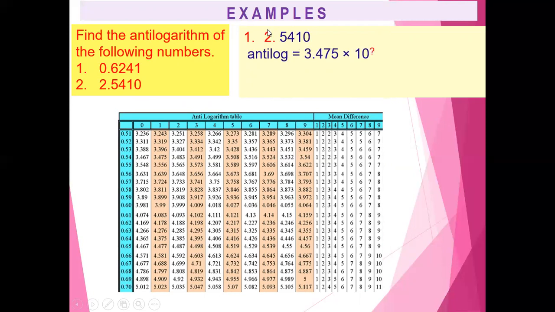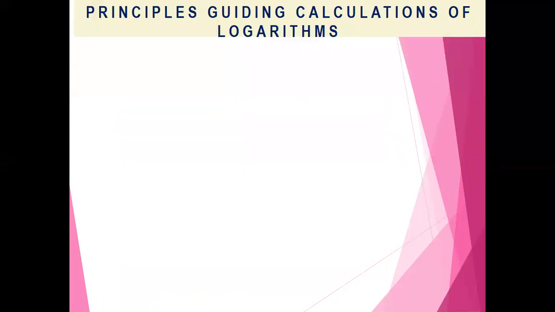Can you see 2 here? We take that 2 as the power. So times 10 raised to the power of 2. So that gives us 347.5. So 347.5 is our answer for 2.5410.